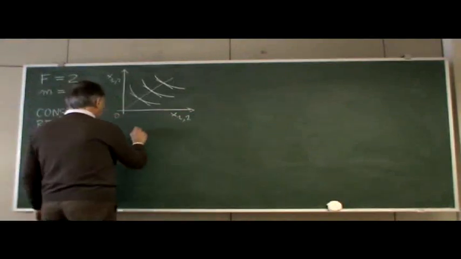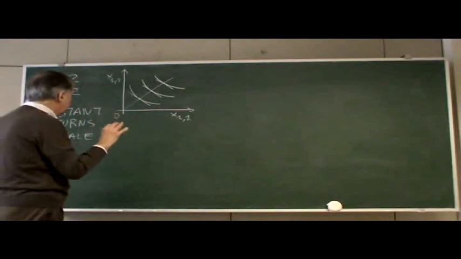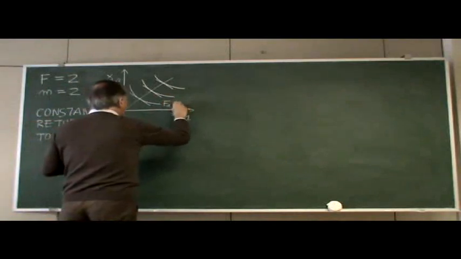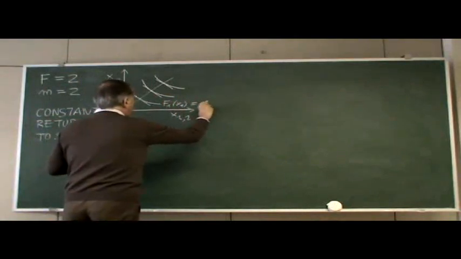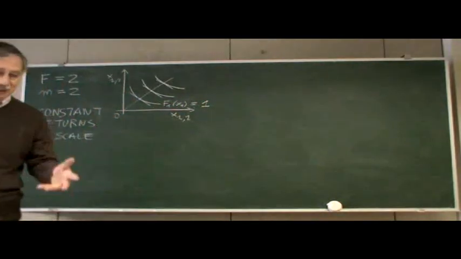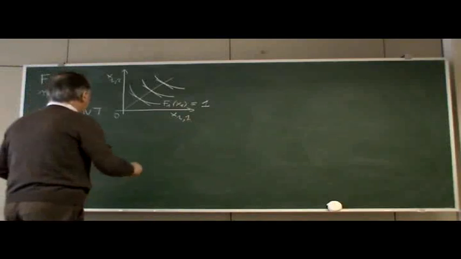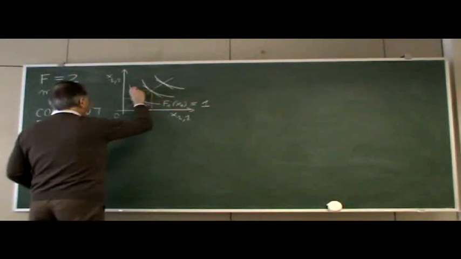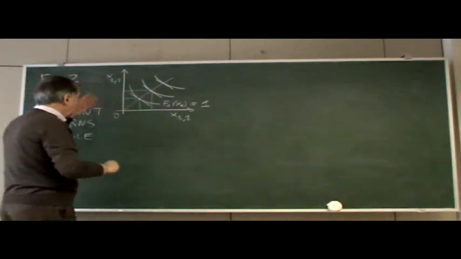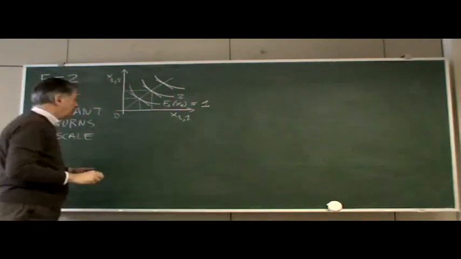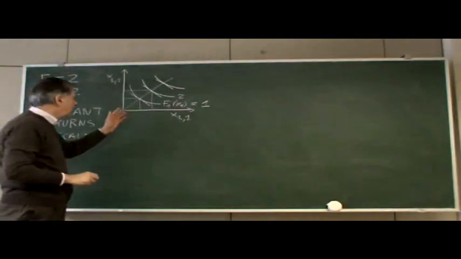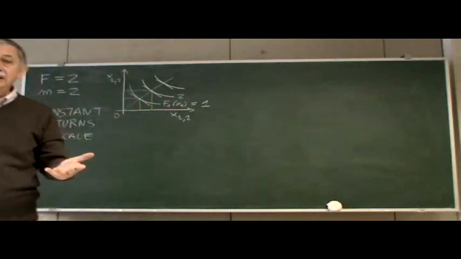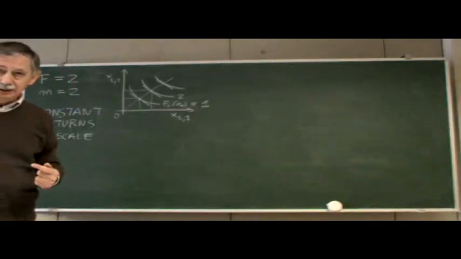So we can substantially limit ourselves to consider the isoquant of unit level, because in order to compute the quantities of our factors which are necessary, for example, to obtain 2 units of a good, it is sufficient to multiply by 2 the optimal quantities employed in order to produce 1 unit.